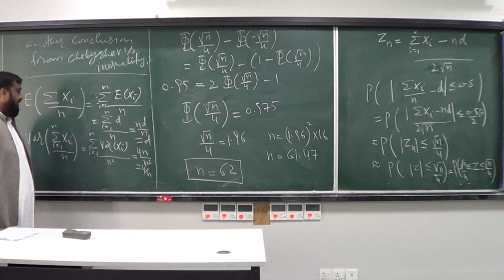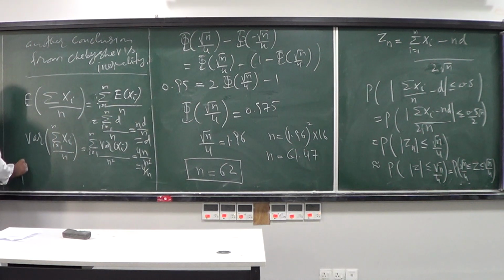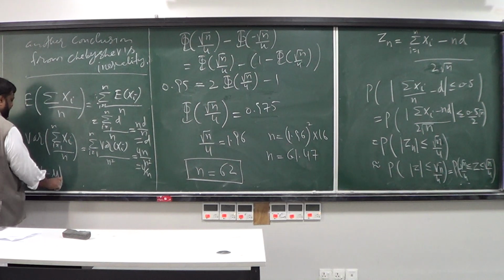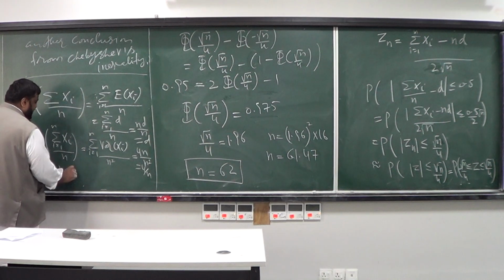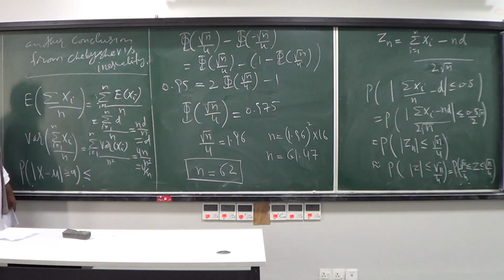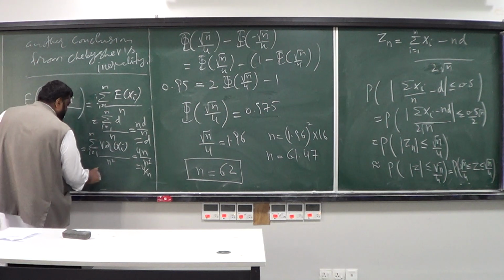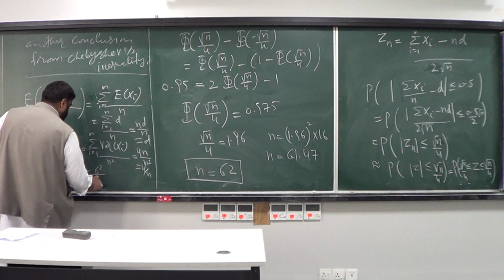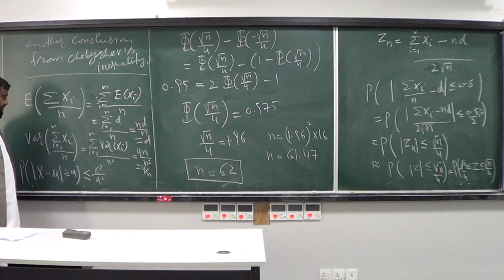Now let's apply the Chebyshev. Recall the Chebyshev inequality: the probability of x minus mu being greater than or equal to a number a could be at most the variance, sigma square, divided by a square. This could be the at most probability.